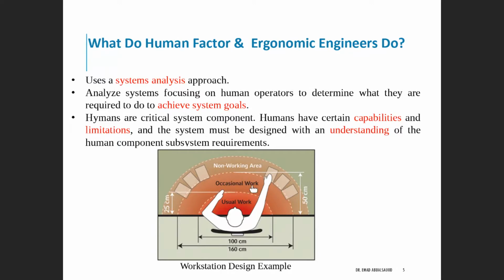So his movement will be reduced, and that will affect many things, the productivity, and it will affect also the health over the time and years in the working station.